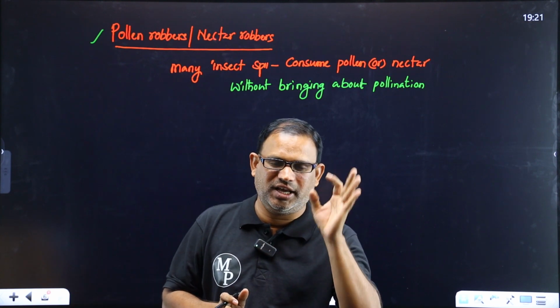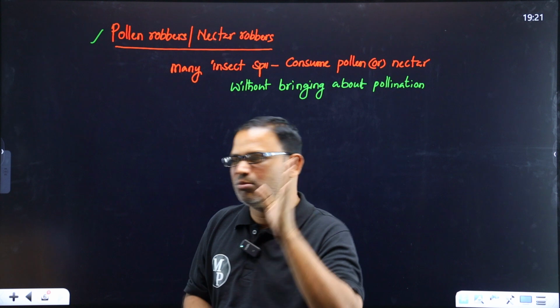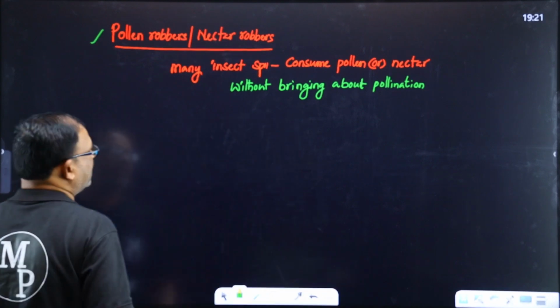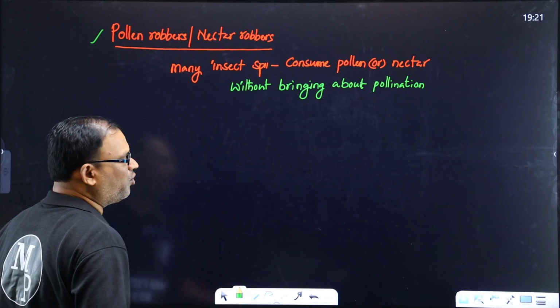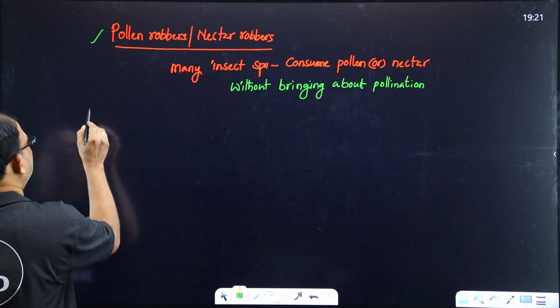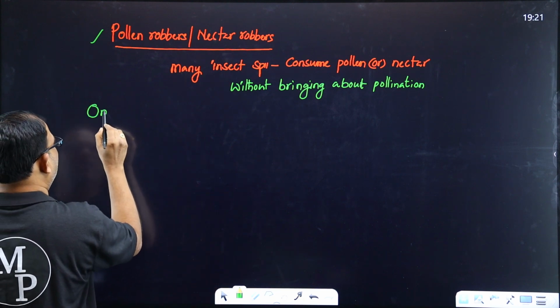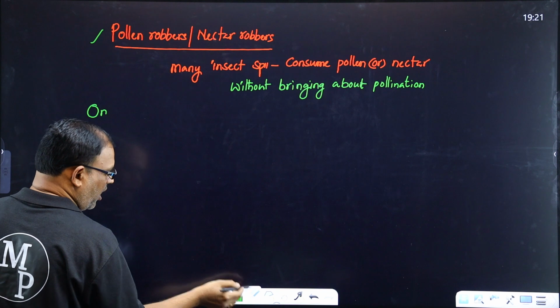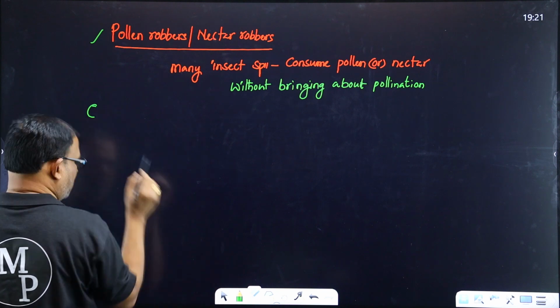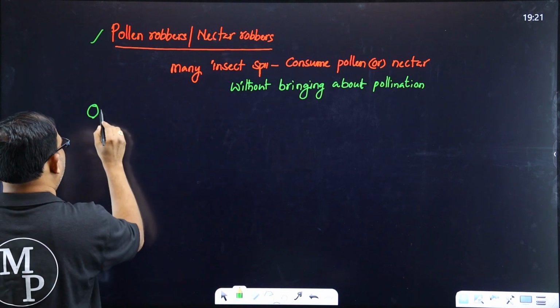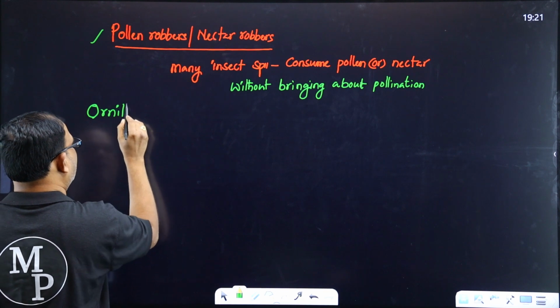Among biotic pollinating agents, the first type, entomophily, is completed. Then the second one, just a brief note, no need for detailed information: ornithophily.